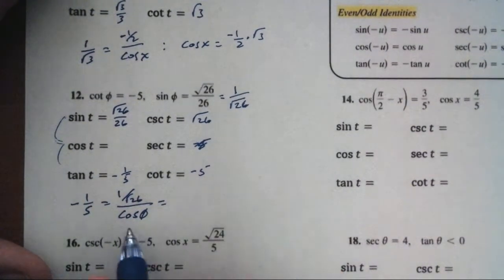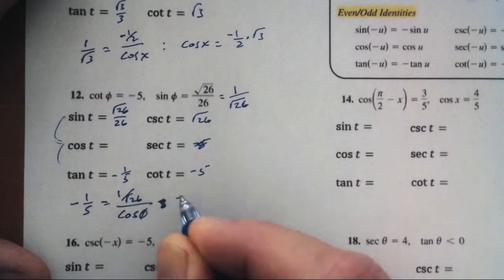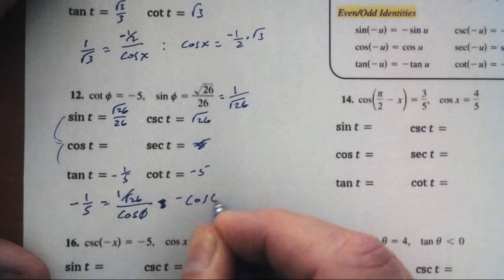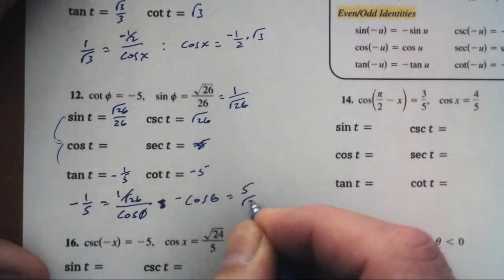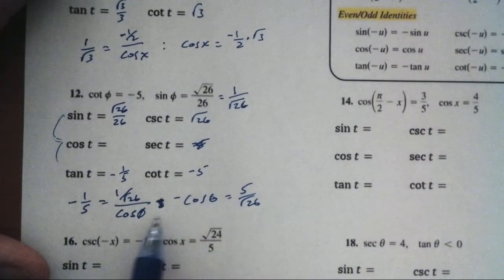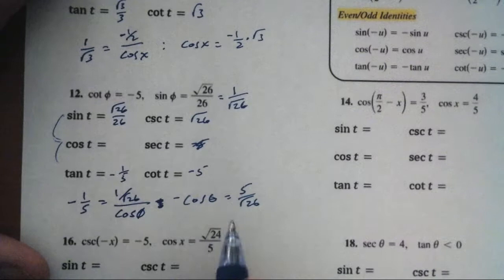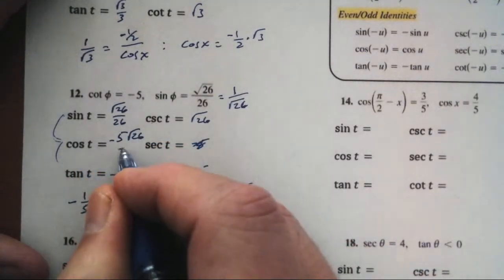Cross multiply here, and I get negative cosine of theta equals 5 on square root of 26. So there's cosine. That's negative cosine, so cosine is negative 5 square root of 26 on 26.